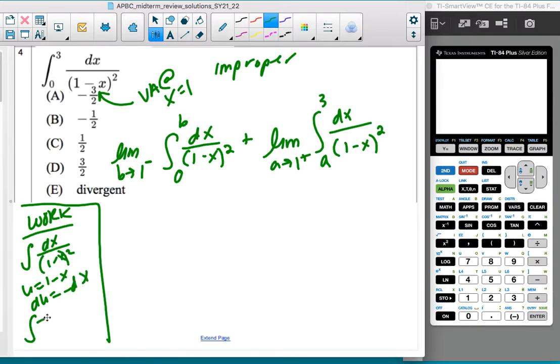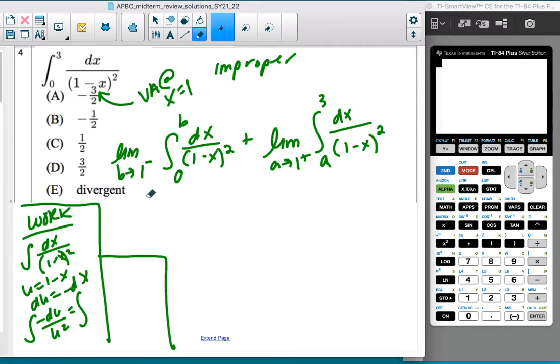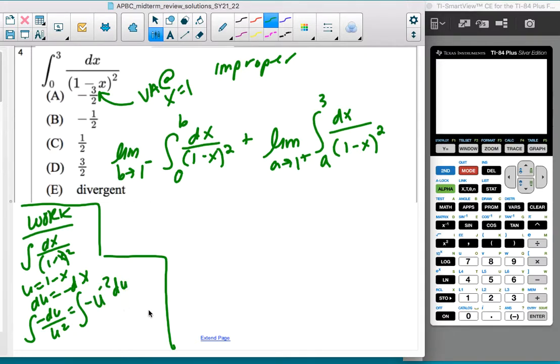So this is the integral of negative du over u squared, which is the integral of negative u to the negative second du. So I'm going to raise the power by 1, which would be negative 1, and divide by the new power. So I'm pretty sure that this is u to the negative 1, or 1 over u.